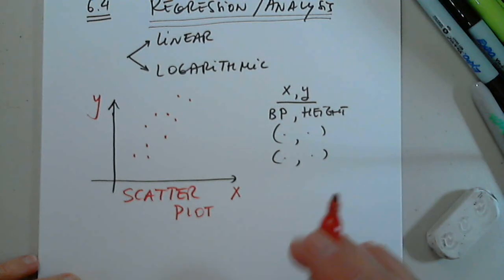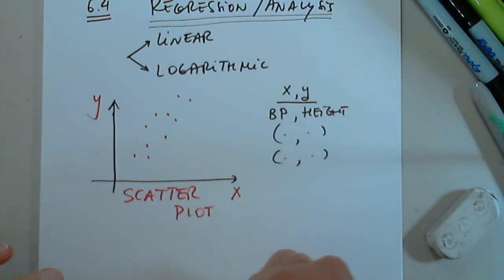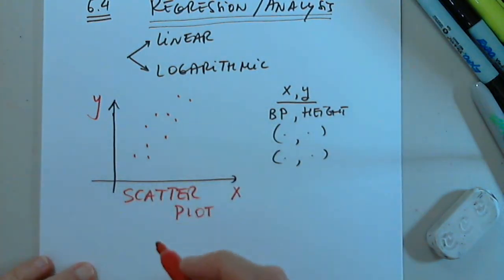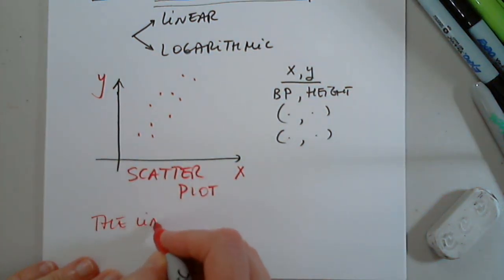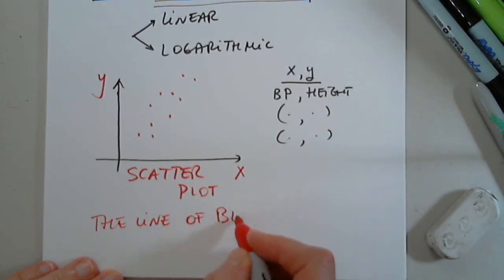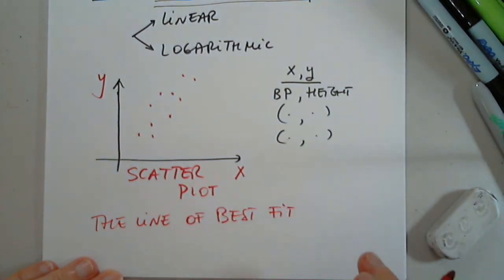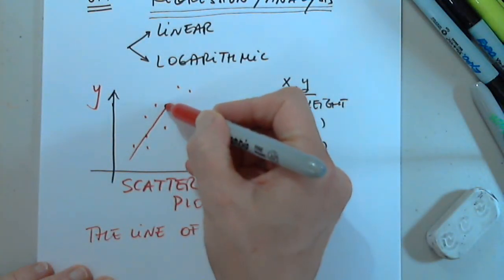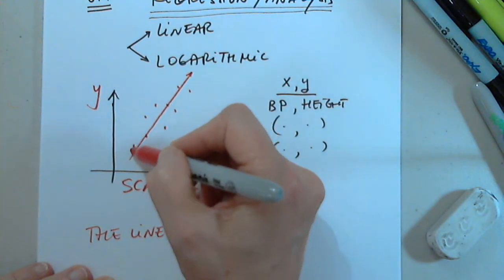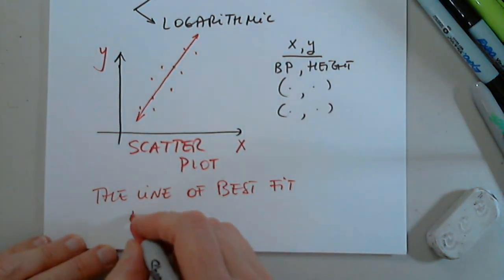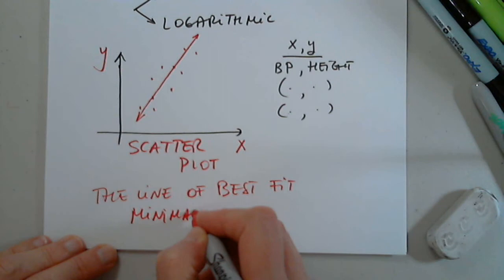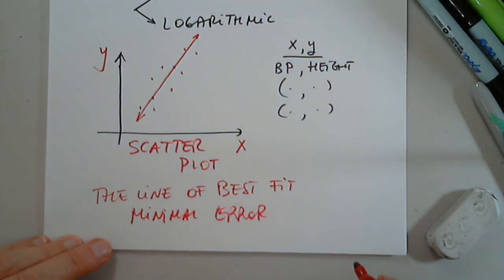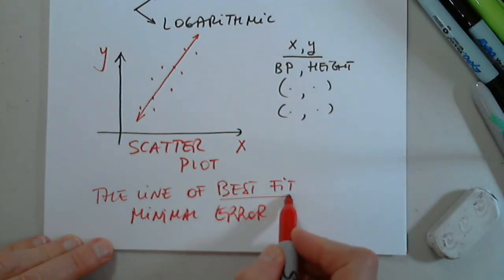And it turns out, and I'll show you the linear regression model in the calculator, that there is something called the line of best fit. And that is a line that goes through this cloud, through this scatter plot, and has minimal error. That's why it's called the best fit.